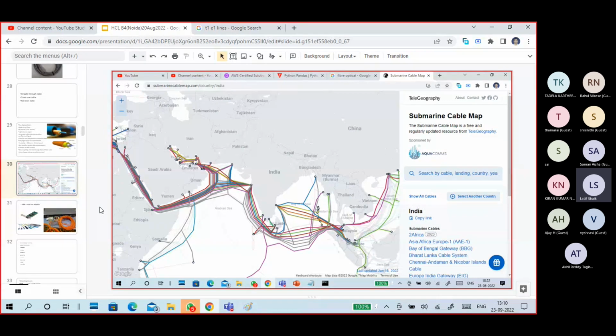So the point is, at that time the main Reliance company also got the contract for fiber optical cable installation for India and other countries.